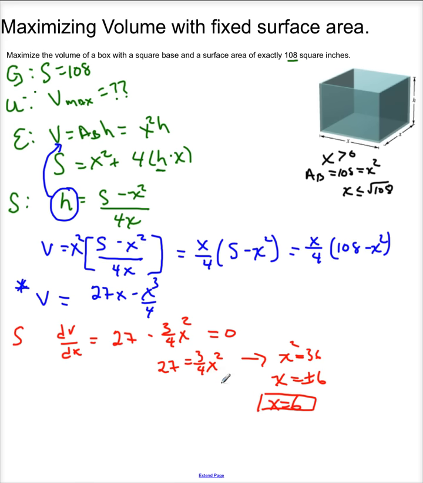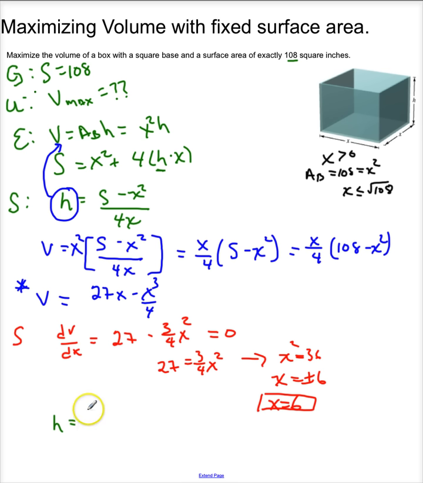is the correct answer. But I'm not done, because in these problems in general you have to go back and solve everything else. If x is 6, all right, you have the surface area. A lot of times you're going to need to find the height.